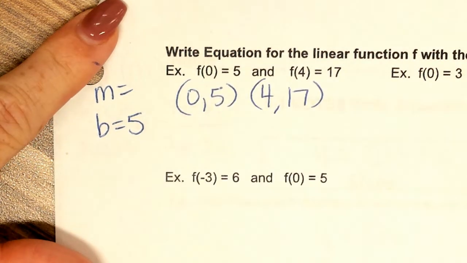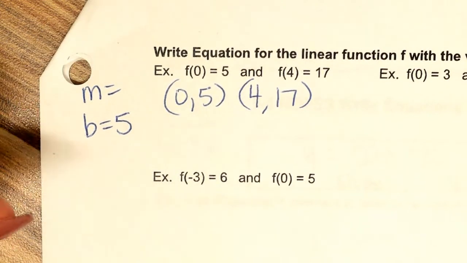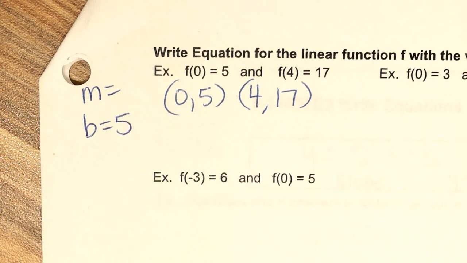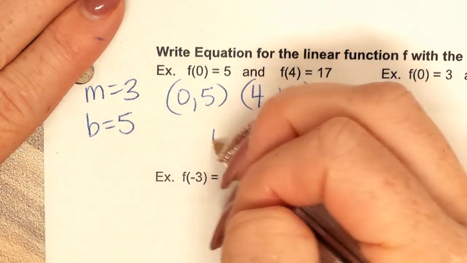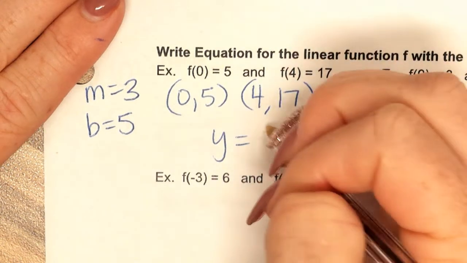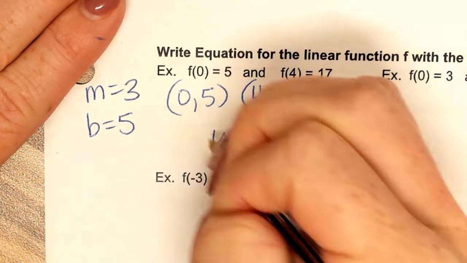All right, to find slope, you use the slope formula. 17 minus 5 over 4 minus 0. 17 minus 5 is? Come on, guys, do some mental math. 17 minus 5 is? That's my rise. 4 minus 0 is? That's my run. What's 12 divided by 4? So my equation is y equals 3x plus 5.